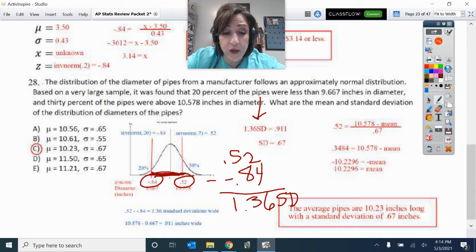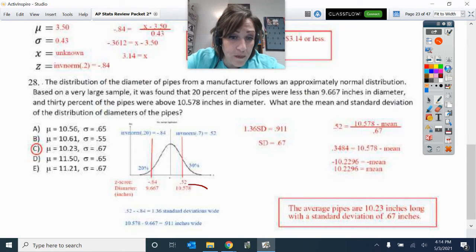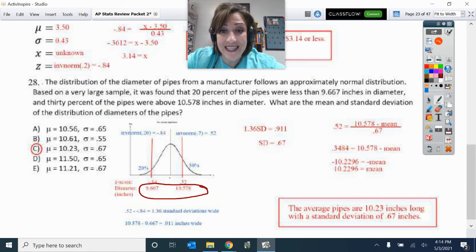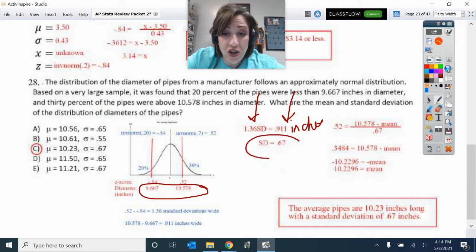That width is 1.36 standard deviations wide. Now, how many inches wide is it? So 1.36 standard deviations wide is equivalent to 0.911 inches. Those are the inches wide. So that allows me to solve for the standard deviation of 0.67.